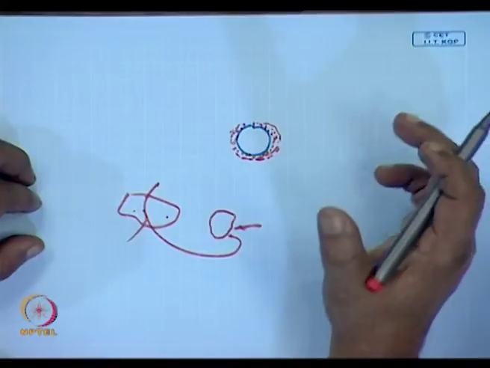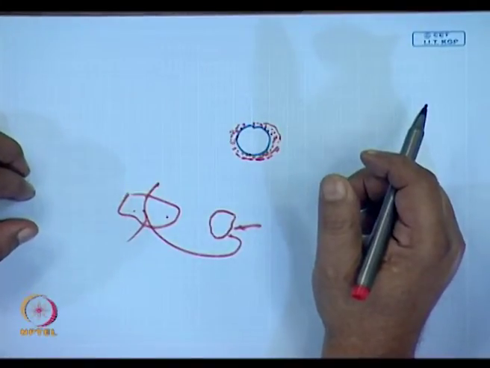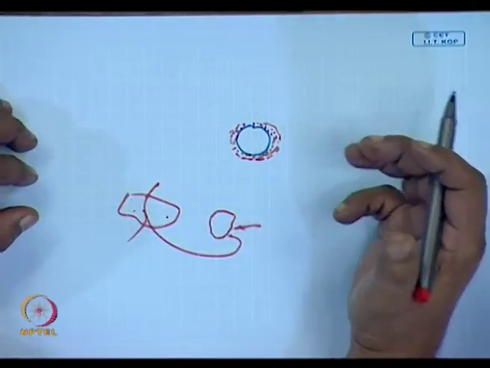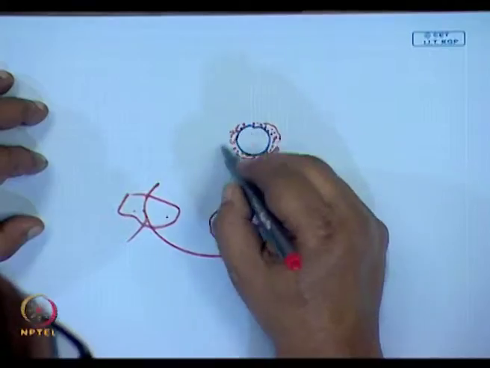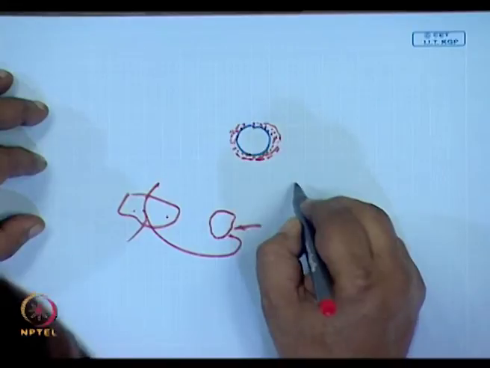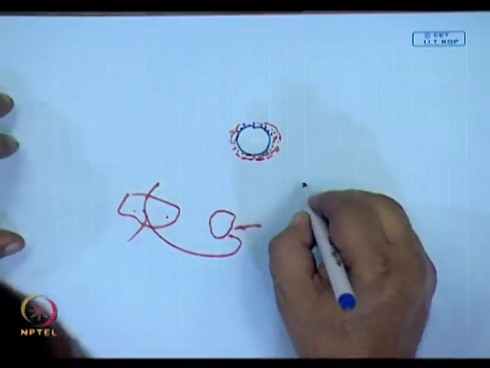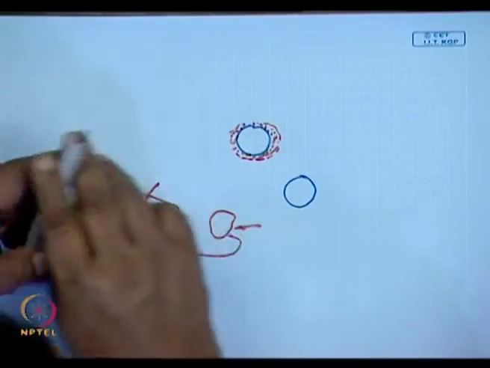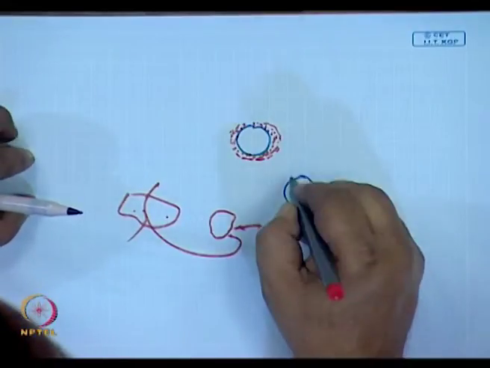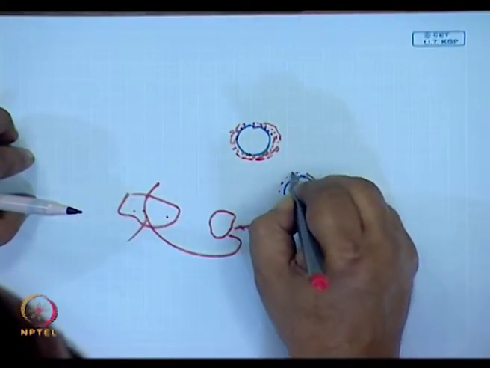That is, in this ball mill operation, at times what we see is the balls are getting coated with ceramic powder. So, the next ball is also coated with the ceramic powder, which is sticking to the surface.